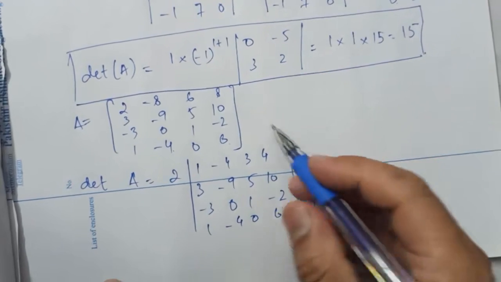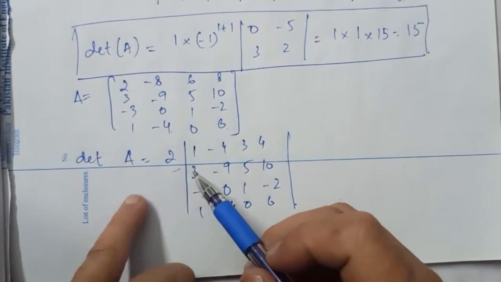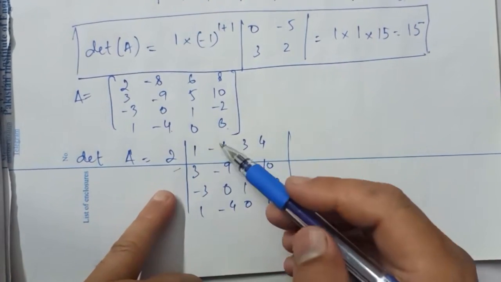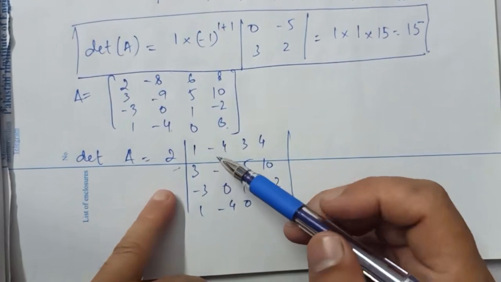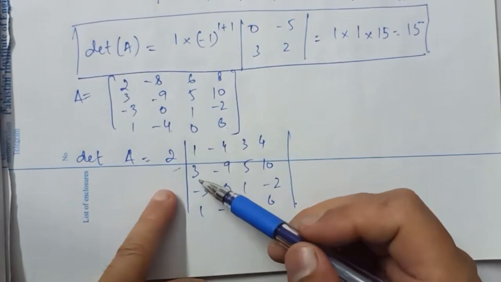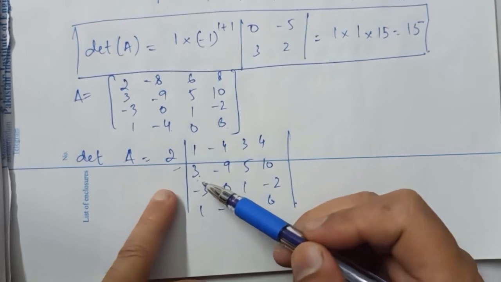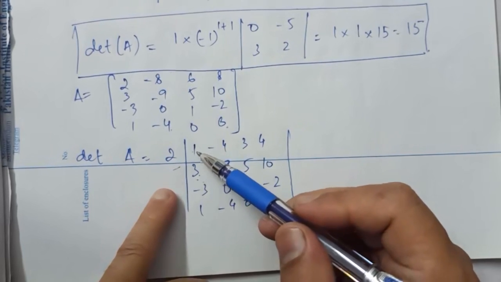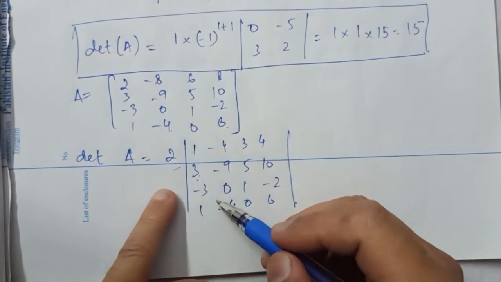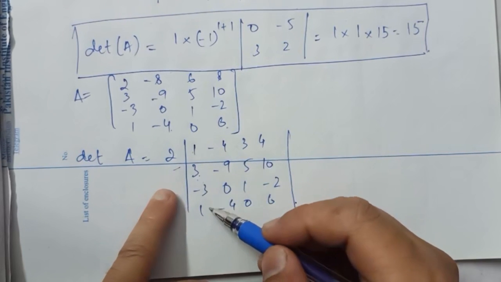I've taken this 2 out because what I can do now is reduce this into an echelon form, and I'll just multiply the first row by 3 and subtract it from the second row, right? It will not change the determinant. Now what I can do is multiply this first row again by 3 and add it to this row, right? It will not again change the determinant.